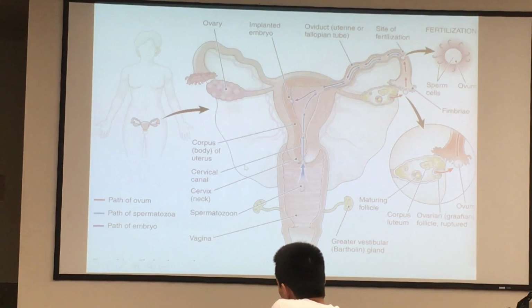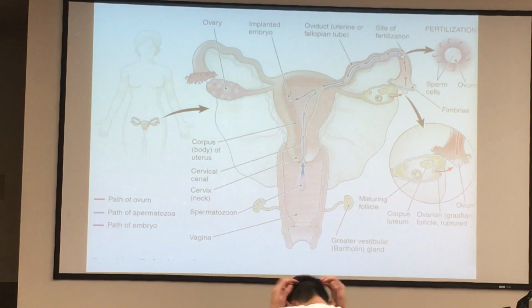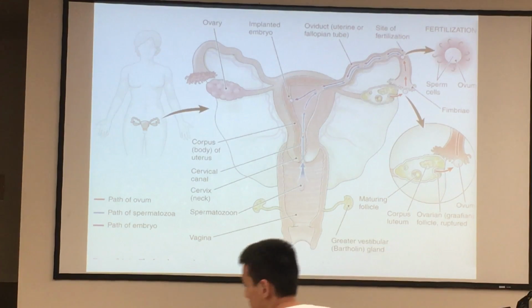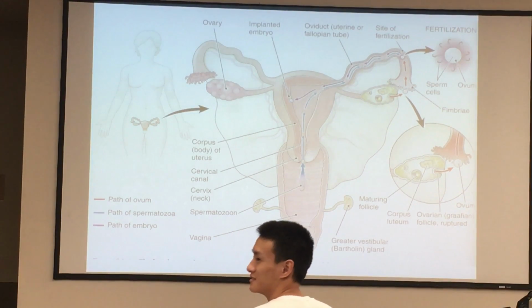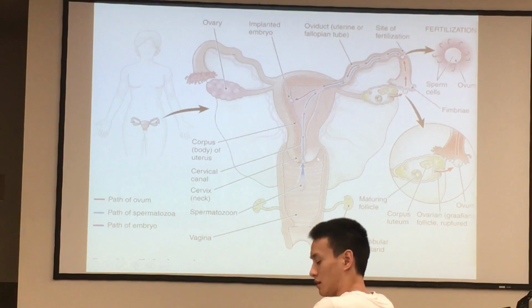Because sperm like alkaline and the vagina is acidic, the first thing the sperm do outside is form a clot to protect themselves. Just like soldiers landing in another country, first they group together, right? They protect themselves to survive at first.